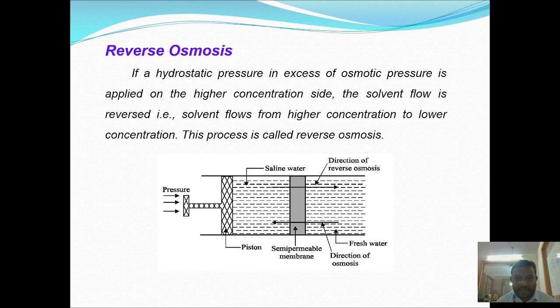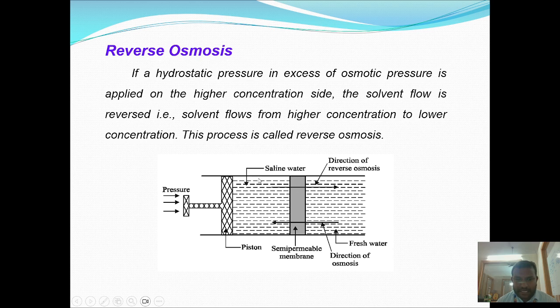For this, we apply a pressure on the high concentration side. The pressure we apply on water is called hydrostatic pressure. If a hydrostatic pressure is applied on the high concentration side, the solvent flow gets reversed.